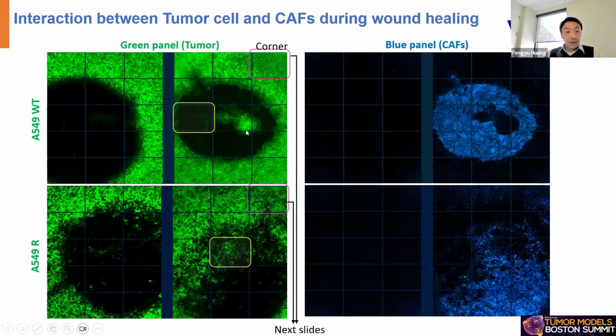If you put the tumor R here, you can see in that hole the tumor R moving to the inside. Also, on the outside, you still see some blue-colored CAFs there.